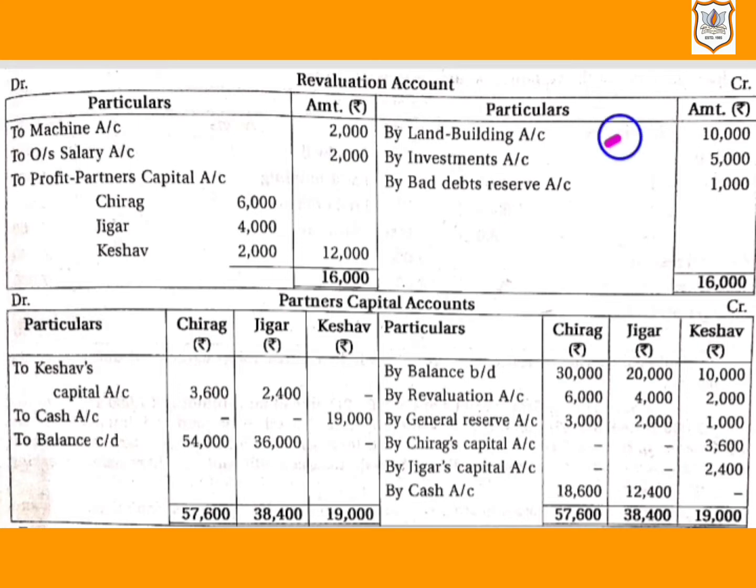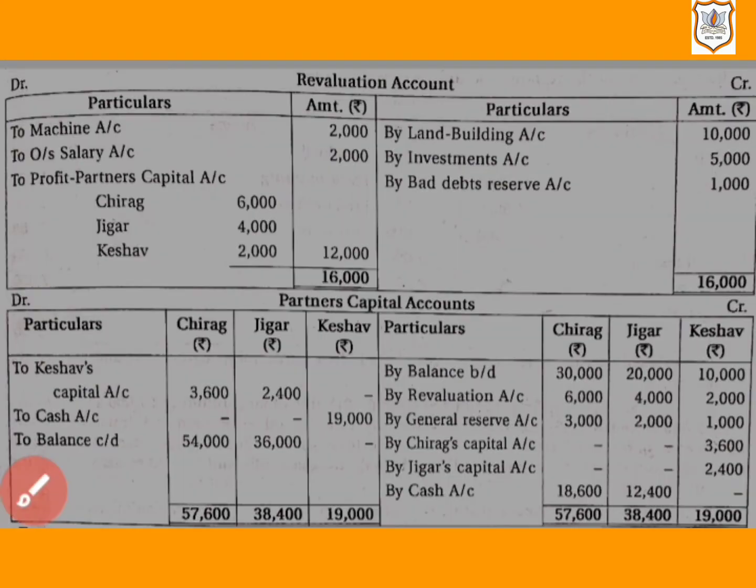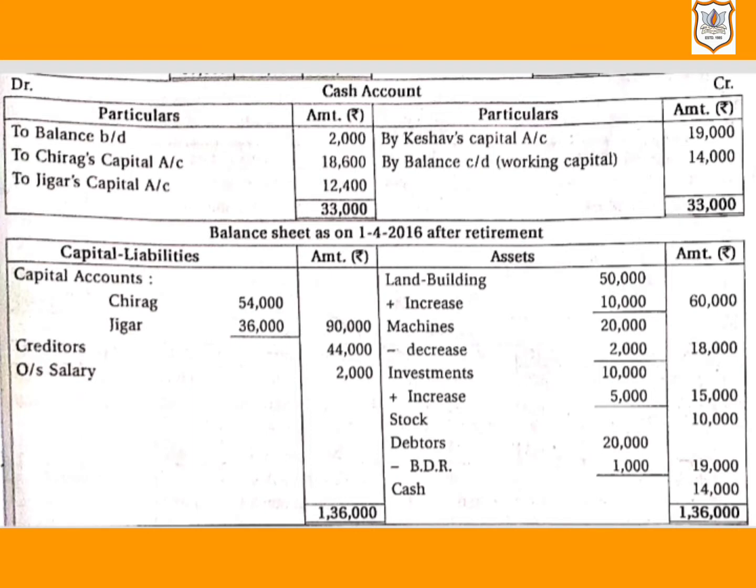Here it is, by land and building amount 10,000. Then its second effect will be given in balance sheet. Here it is. We will add rupees 10,000 as the value of land and building is increasing by 10,000. So in outer column we will get 60,000.